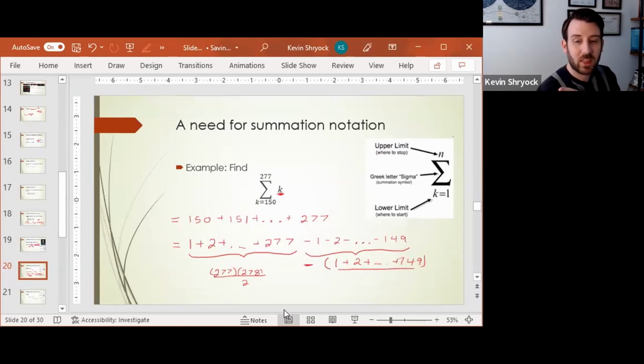That's going to be that rectangle whose dimensions are 149 by 150 split in half. 149 by 150 split in half is what I need to take away from it because I introduced those new numbers. So I could plug this in my calculator. I could do this so much more easily. I could practically do this by hand.